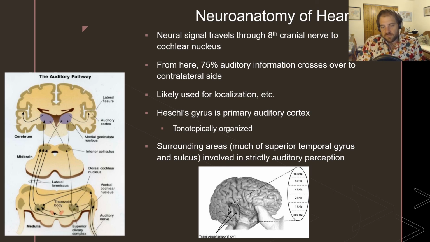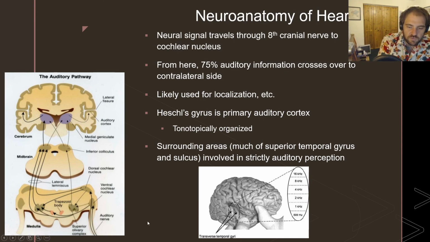Another term for the primary auditory cortex is Heschl's gyrus. And that is also tonotopically organized. Just like, what else was tonotopically organized? Yes, the cochlea. What you can see here, pulling back part of the brain and looking at the primary auditory cortex on the top portion of the temporal lobe, is that 500 hertz is down here, 1,000 hertz is slightly above that, and 16,000 hertz is all the way at the top.